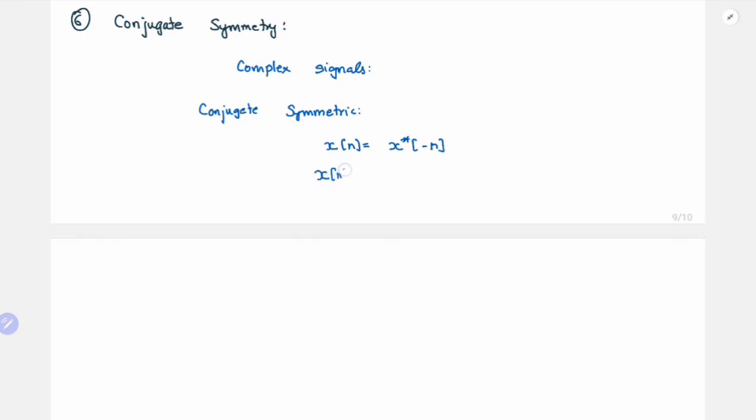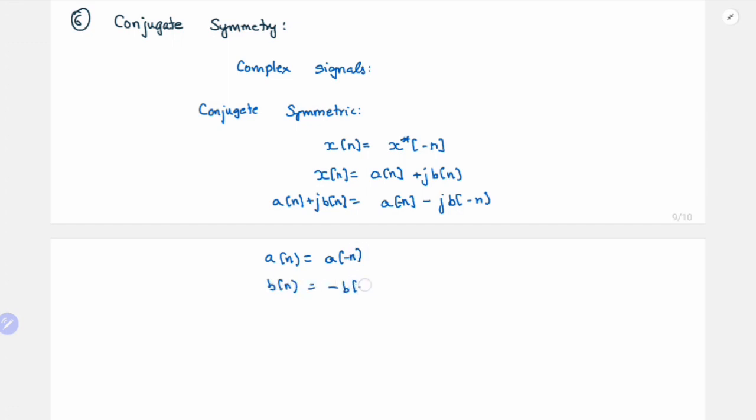So if your x of n is given by some a of n plus j b of n, then a of n plus j b of n is equal to a of minus n minus j b of minus n. So comparing, you will get a of n equal to a of minus n and b of n equal to minus b of minus n. So a of n and b of n are real signals.